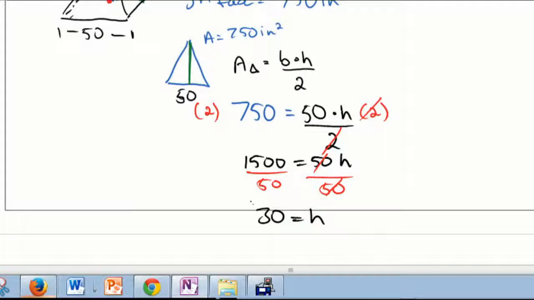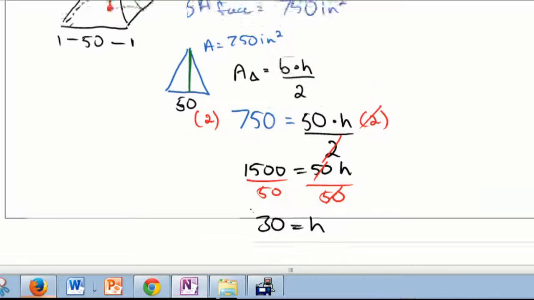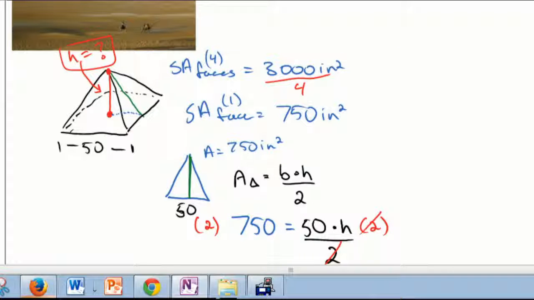Or the slant height. So I'm going to just scroll back up here to my image. I'm trying to find the red line. What I just found was this green line here has a length of 30. The blue line that I've drawn in here, this dotted blue line, I'll make solid now. If the whole distance across the whole face is 50, if I only go halfway, I know that that is going to be 25.